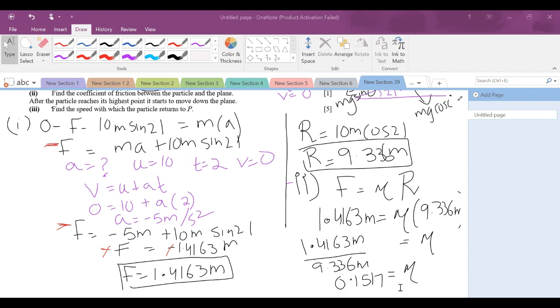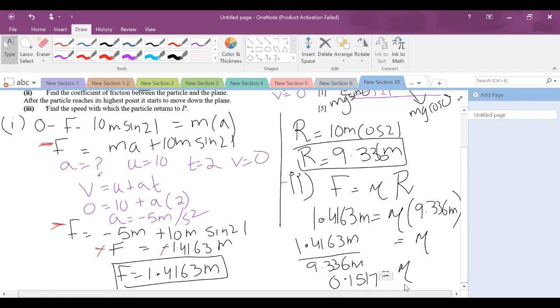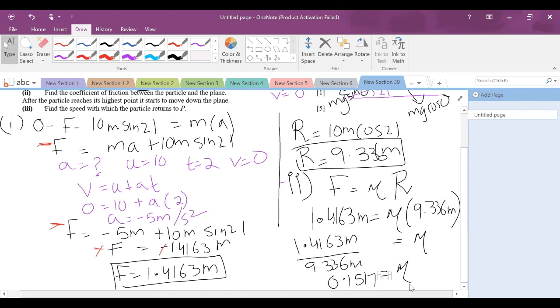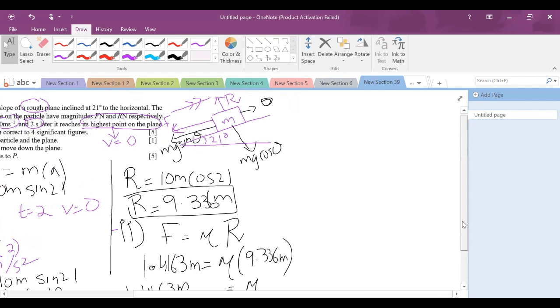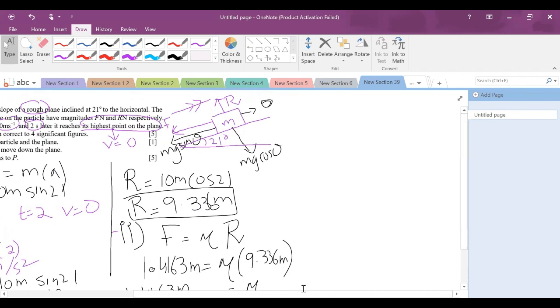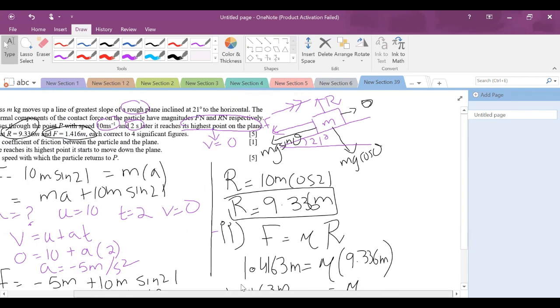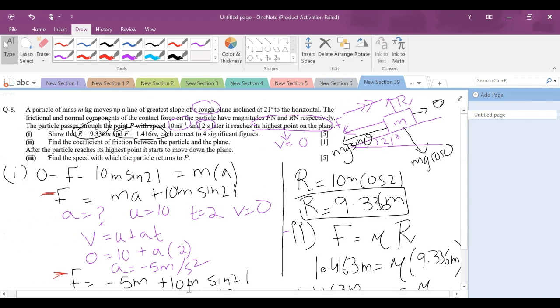Next part says, find the speed with which the particle returns to P. Okay. After the particle reaches its highest point, it starts to move down the plane.